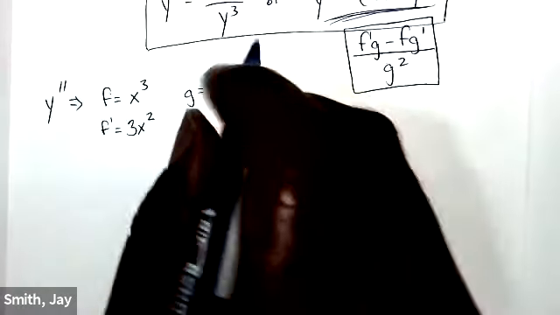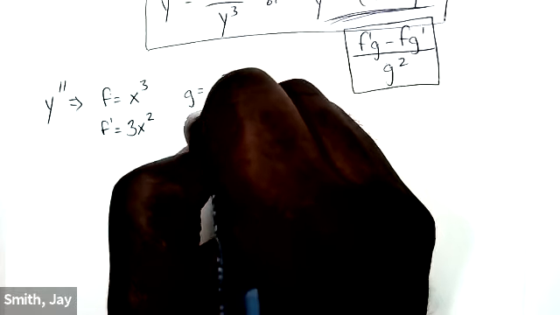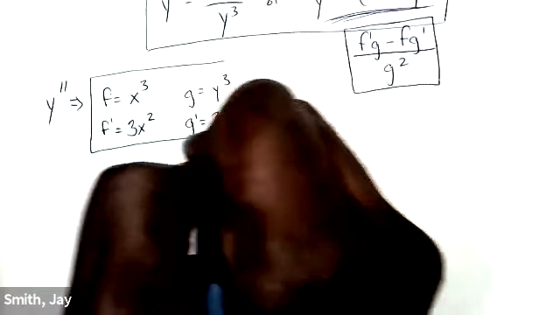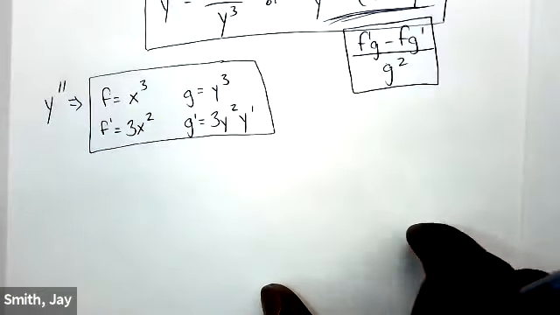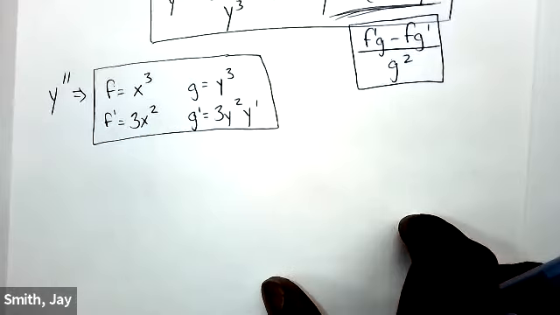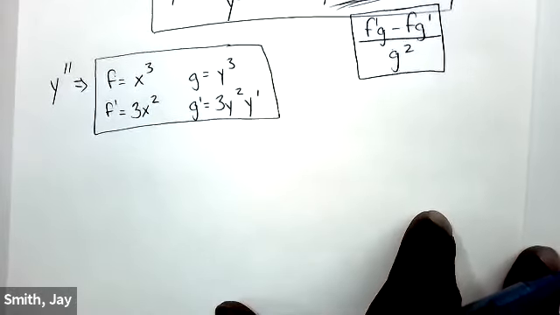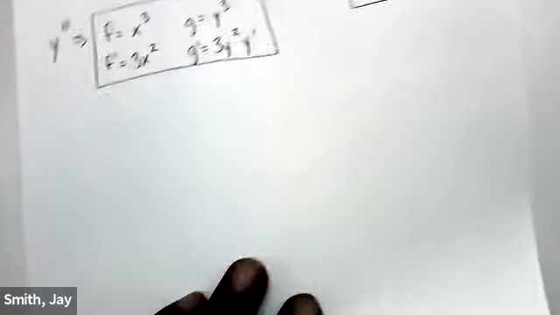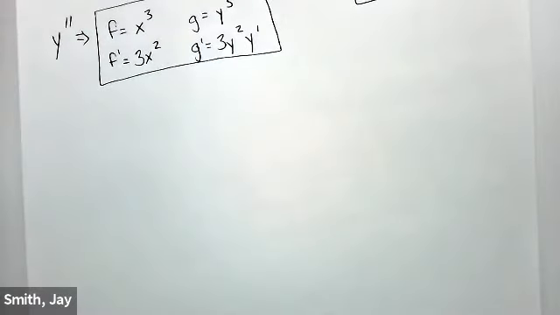And given that g is y cubed, g prime would be 3y squared y prime. Remember that anytime we take the derivative of something defined by y, we must attach a y prime to it. So we have f, g, f prime, and g prime. I want to remember that when working with this derivative, we do have a scalar multiplier of negative 1.